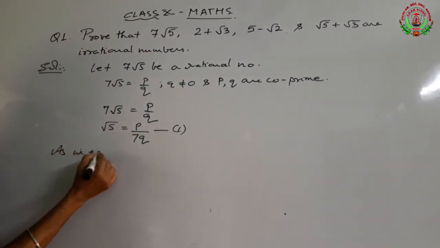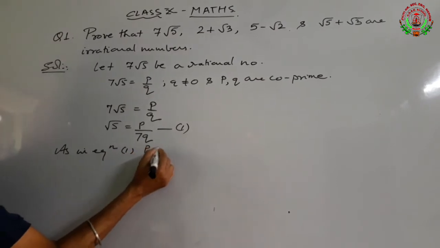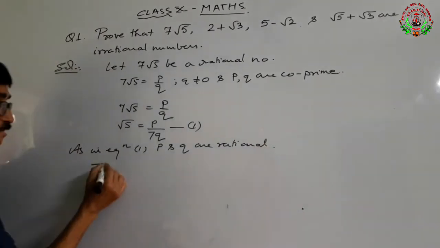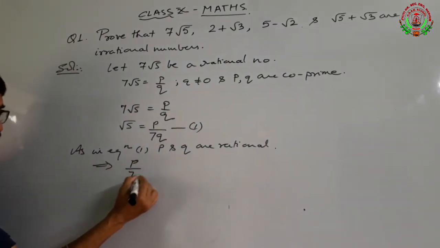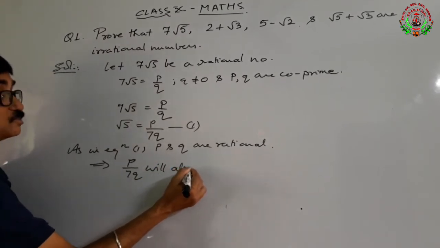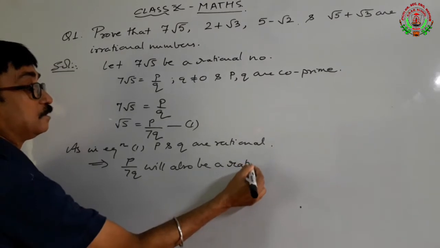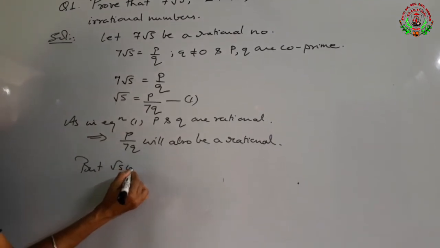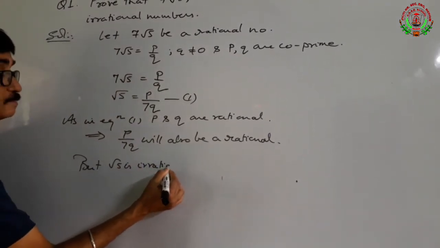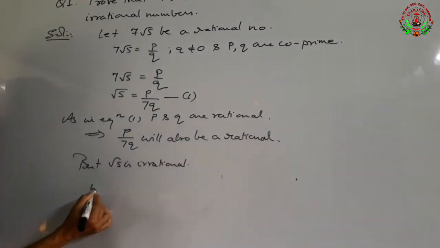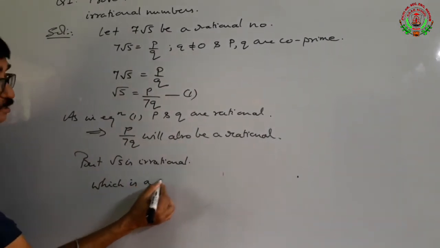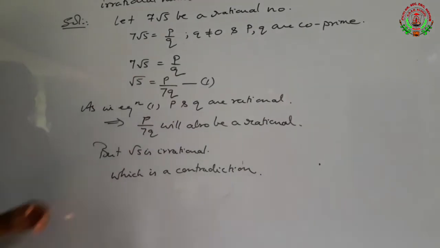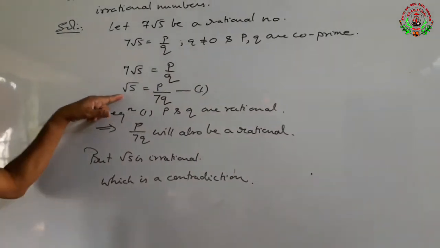As in equation 1, p and q are integers, which implies that p upon 7q will also be rational, but root 5 is irrational, which is a contradiction, as a rational number is never equal to an irrational number.